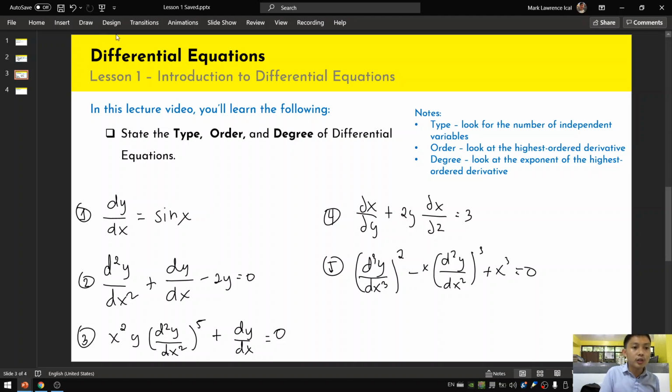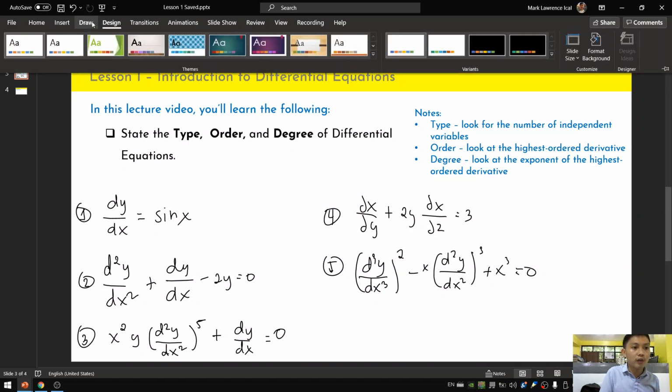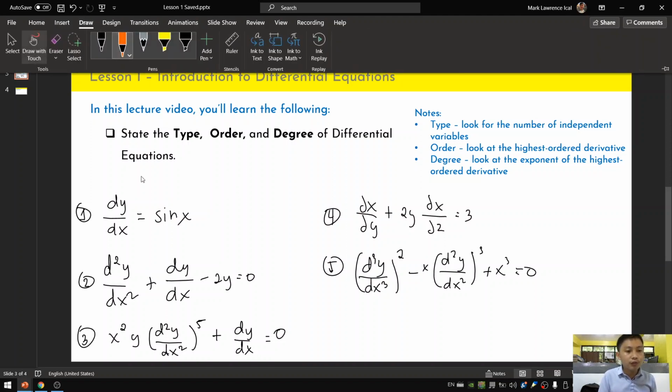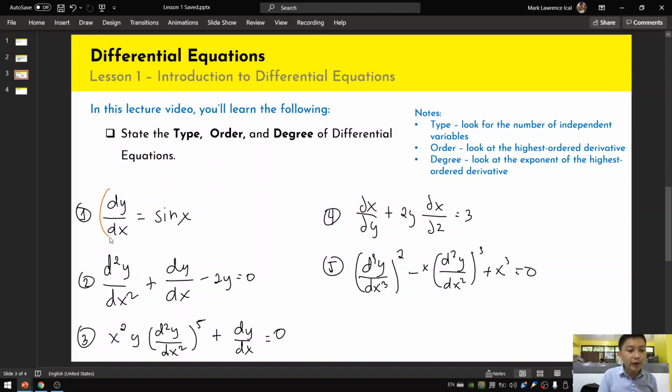Okay, so let's try to analyze each one of them. So for this one, number 1, we have dy over dx is equal to sine x. So if you're going to rewrite this one, remember that dy over dx is also equivalent to y prime.